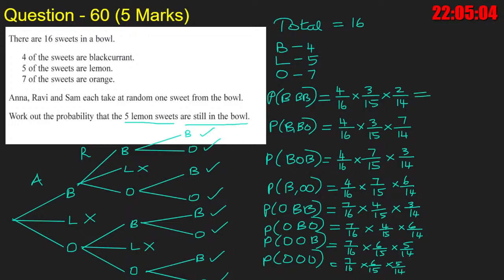So now this one is going to be 4 times 3 is 12. 12 times 2 is 24. Down, I will multiply that later. So 4 times 3 is 12, 84. And this one, 84. And this one, 7 times 42 times 4, 168.